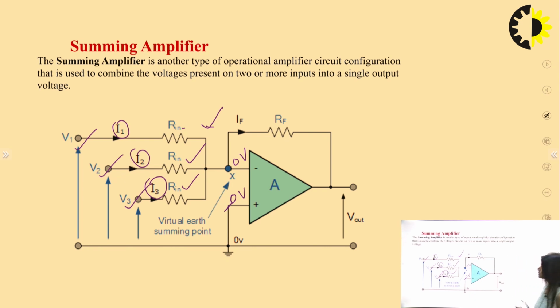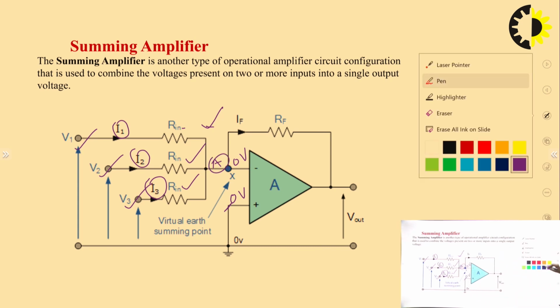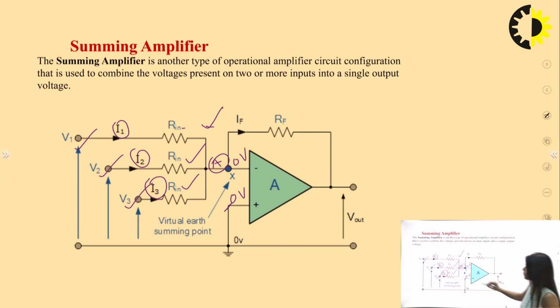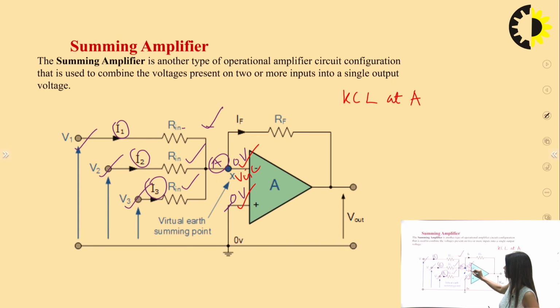Now we will apply KCL at this particular A point. Always remember this A point. At this A point you can apply Kirchhoff's current law, KCL at A. The virtual ground concept has already been applied.